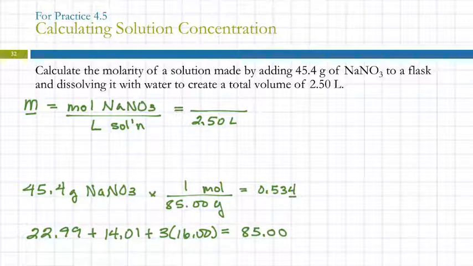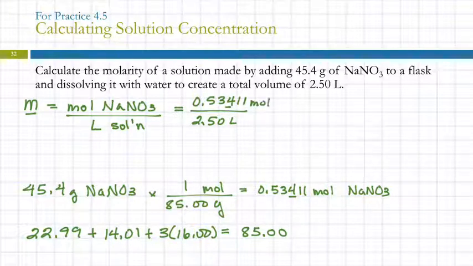So 3 sig figs, but I'm going to use this number, so I definitely want to carry along 2 extra digits, and those are the moles. So that's the number I put in the numerator, 0.53411 moles. And then I divide by the 2.5.